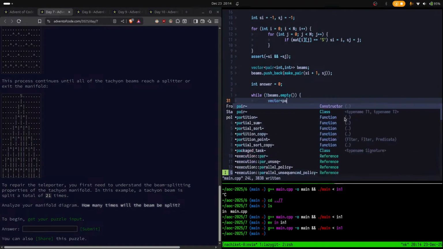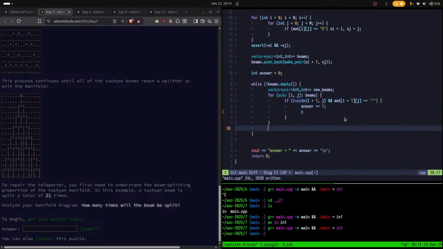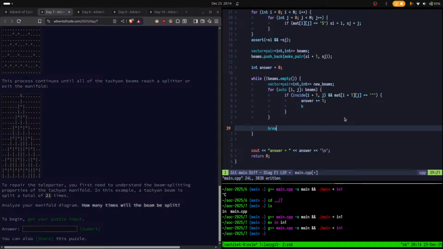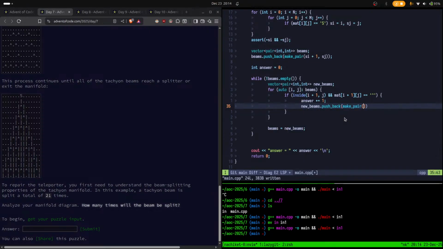Current beams should be replaced by the new beams. This should happen if the coordinates are valid.